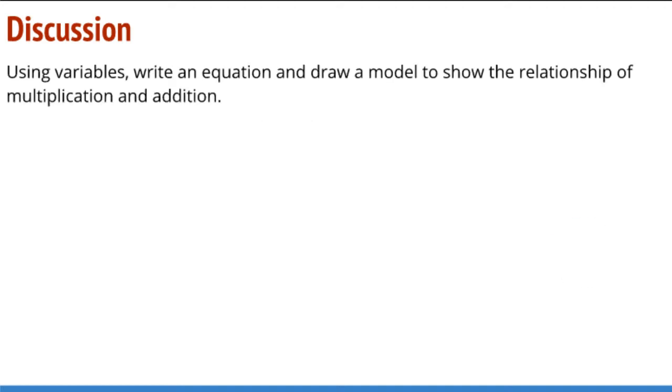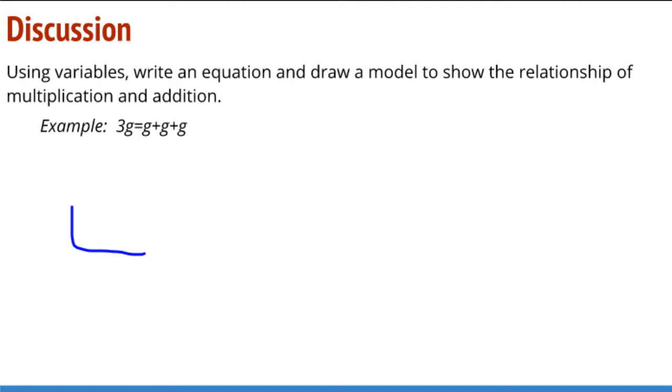So how could we show this using variables? How can we show an equation and a model that will give us the relationship between multiplication and addition? So stop and think about that for a minute. Scribble some notes on some paper. So here is one possible example.